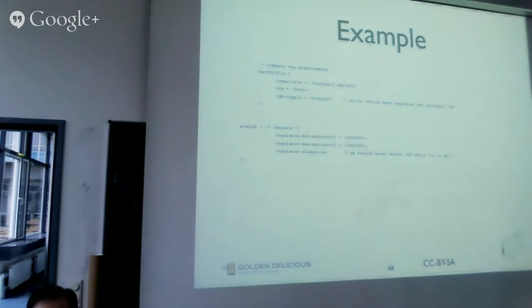How does an example look like? Here we have the compass chip of the GTA04, HMC and type number, address 1E hex, the Honeywell, and it has a property VDD supply, which then is a phandle to the auxiliary regulator number 2.